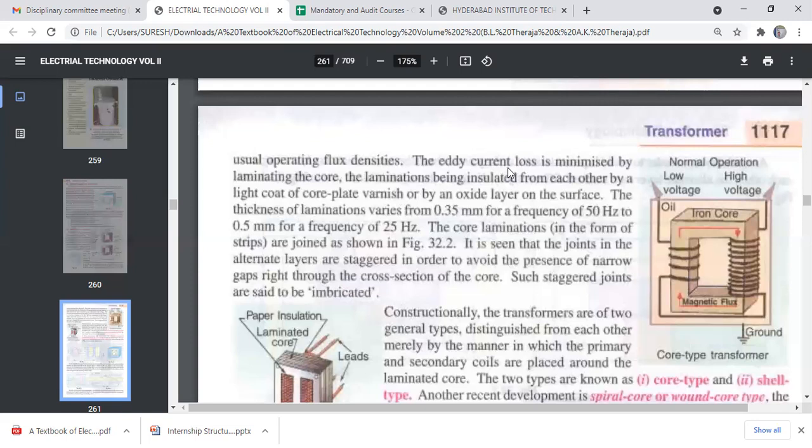What do you mean by eddy current loss? Anyone knows? In physics, I think you have studied eddy currents. Okay, if you don't know, no problem, I will explain. See here, eddy currents. This is the coil.